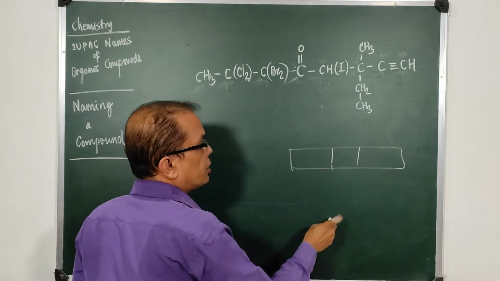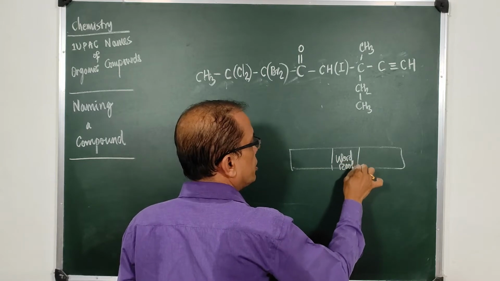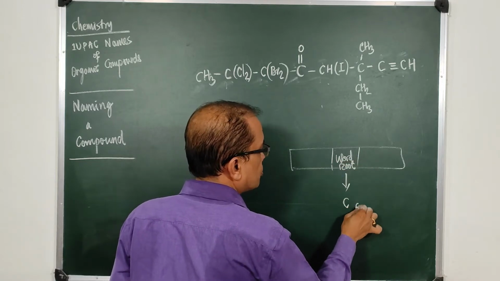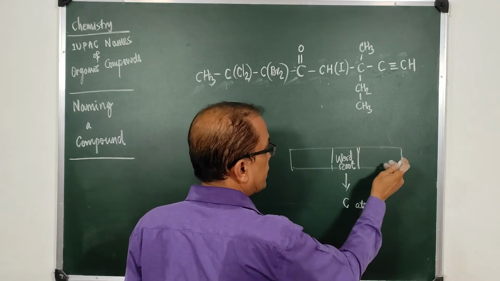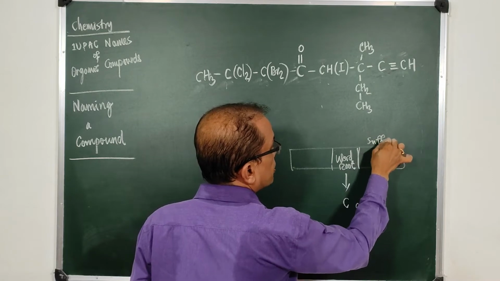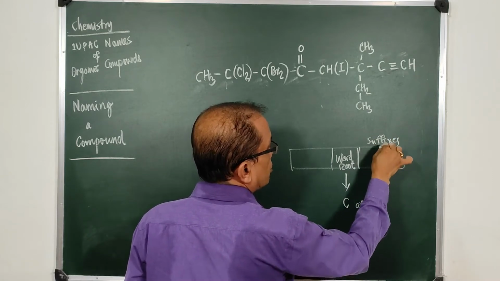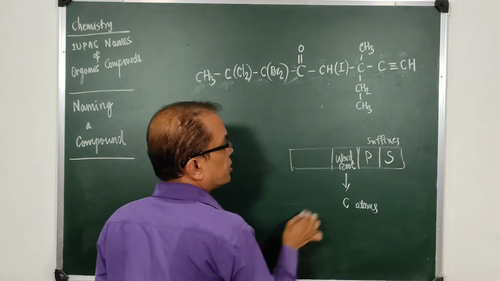The intermediate part is the word root, which gives the number of carbon atoms, and the right side or the endmost part is the area for suffixes, and the suffixes are of two parts, the primary suffixes and the secondary suffixes.